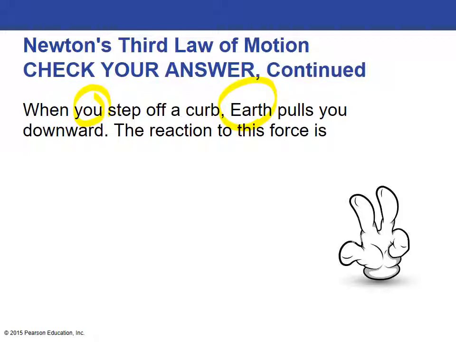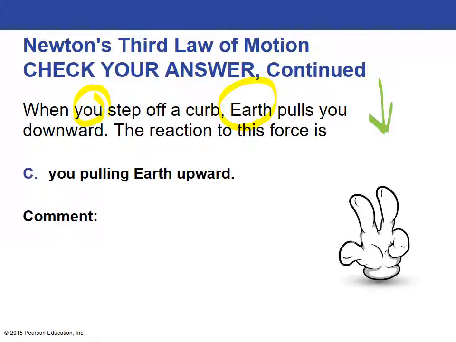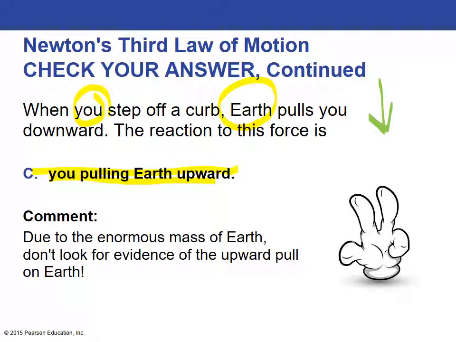The force is you are pushing the earth with your weight. And according to Newton's third law, you are pulling the earth upward toward you. All right? What's your reaction to this? People don't like this one.